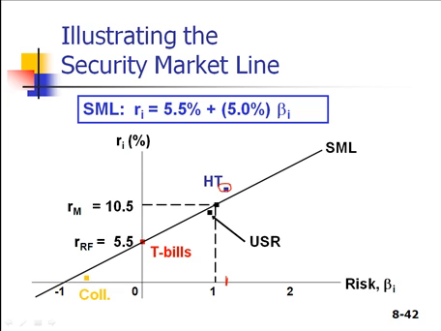And then I look at its expected return. I plot its expected return instead of its required return. I would see that that's a little bit above the security market line value, which means that actually this would be a good buy. The U.S. Rubber, on the other hand, plots a little bit below the security market line, as does the collection company stock.